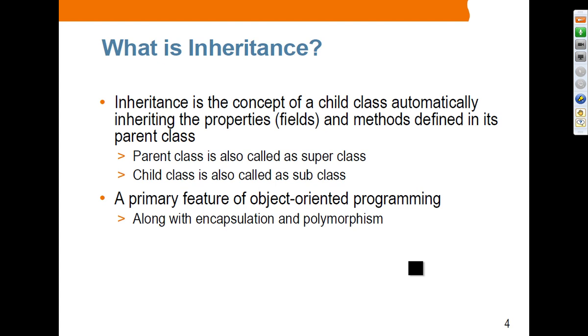Superclass is a parent class, subclass is a child class. Inheritance is basically a child class inheriting all the properties and all the methods defined in a parent class. It's one of the primary features of object-oriented programming, along with encapsulation and polymorphism.